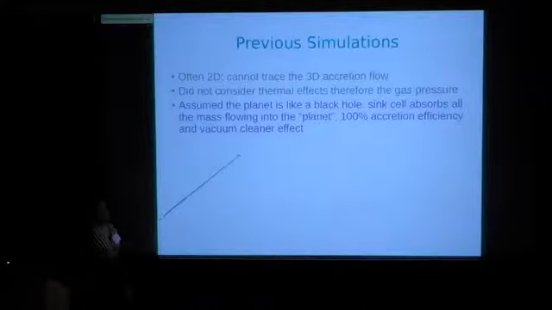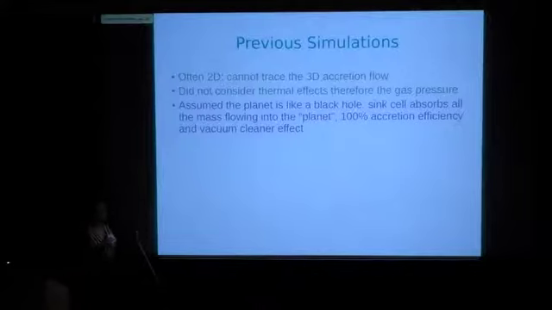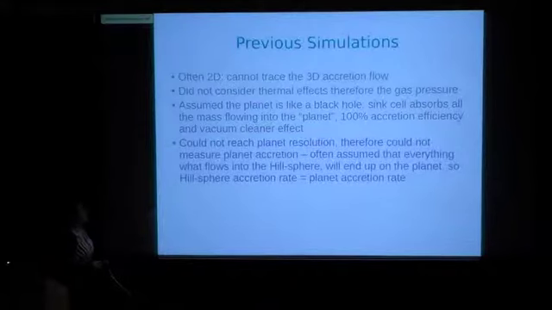I call it the vacuum cleaner effect because I think it's a good prescription in that it indeed enhances the accretion rate. However, I keep saying that the planet is not a black hole. It is a hot ball of gas and will not have this accretional efficiency. And I think creating a vacuum in the simulations is not the right way to measure the accretion.